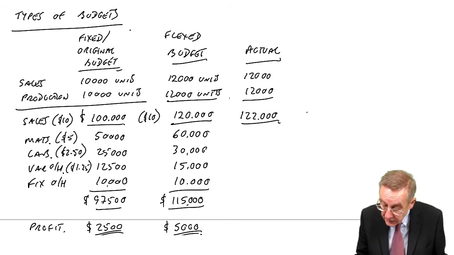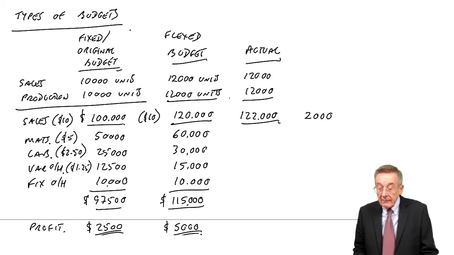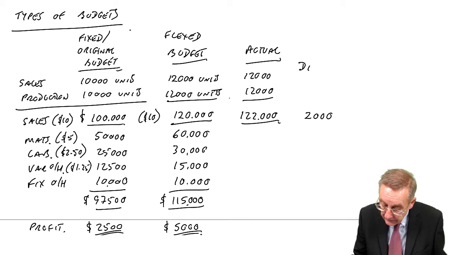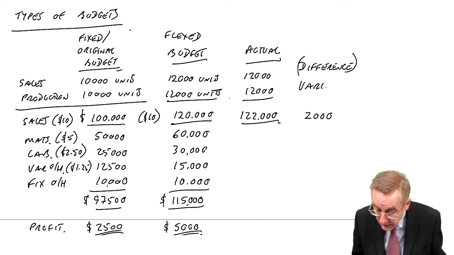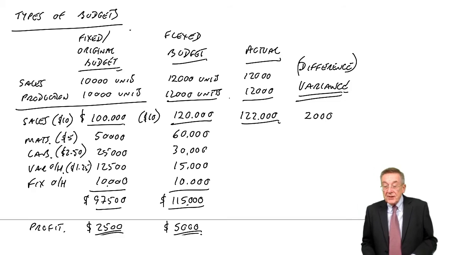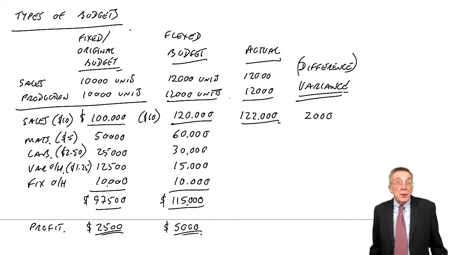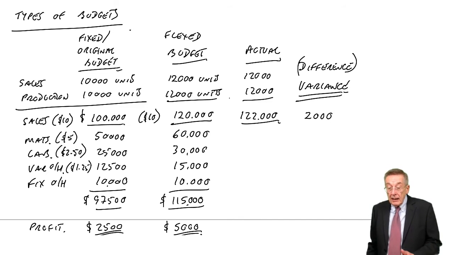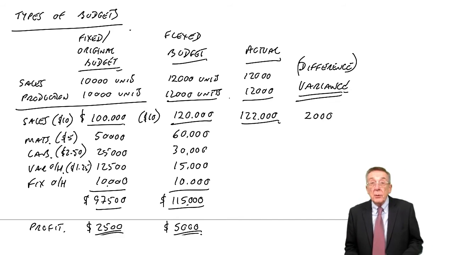We got an extra 2,000. That difference we call a variance. We say with a variance of 2,000, we got 2,000 more than we expected. We've obviously sold at more than $10.